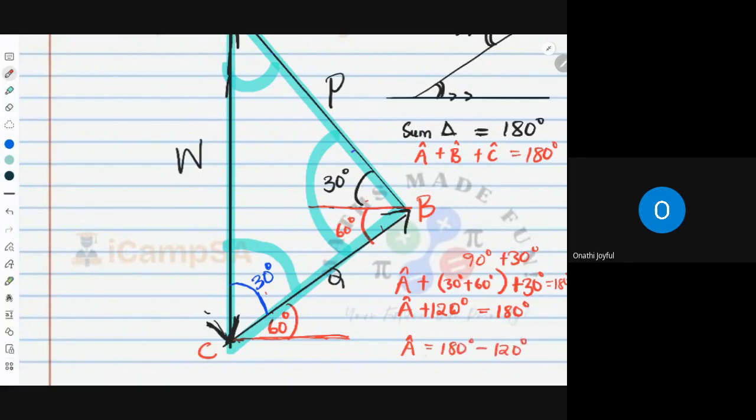Because I transpose, then I get 60 degrees. So this is where I found that 60 degrees. Do you get it? Yes, I do get it.